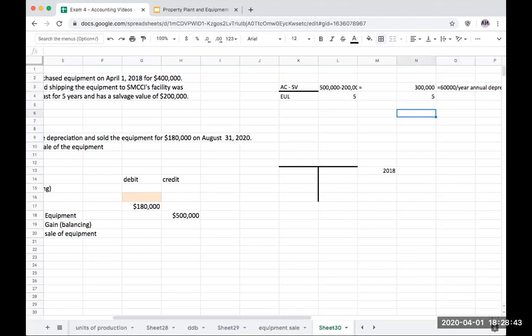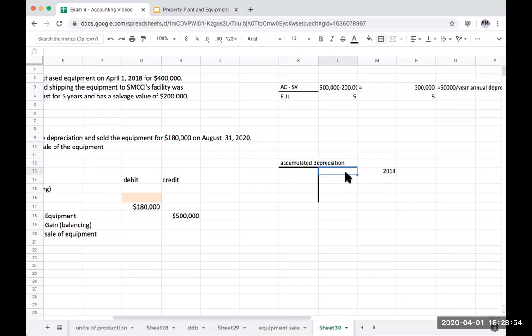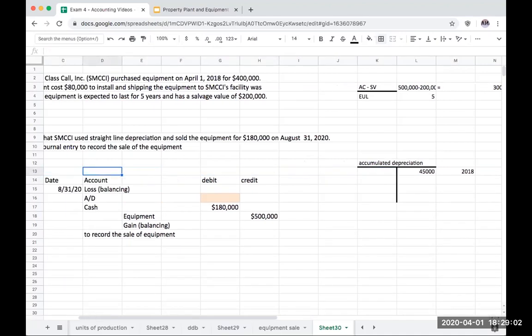Okay, so for 2018, the amount of accumulated depreciation that I recorded was going to be 60,000 times 9/12. Why is it 9/12?